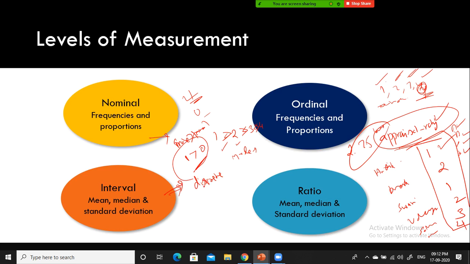Discrete, D-I-S-C-R-E-T-E. I'll write it neatly. Discrete variable. The ratio is called a continuous variable. What do you mean by a discrete variable?